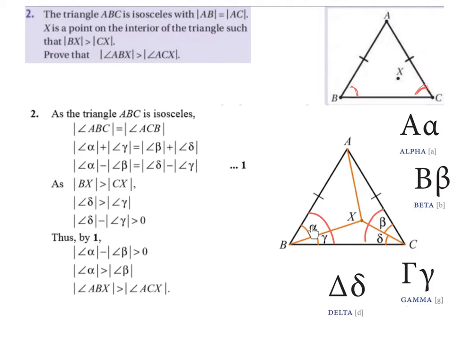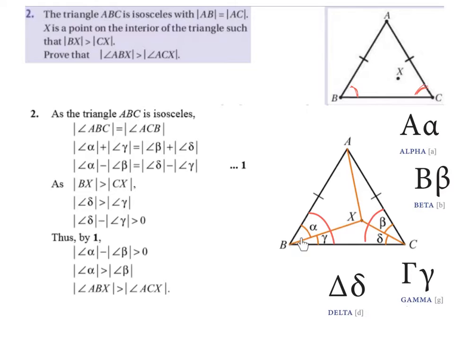Since the side BX is greater than the side XC of this little triangle at the bottom, angle delta must be greater than angle gamma. Because the larger the angle, the larger the opposite side, and the smaller the angle, the smaller the opposite side. The side BX is opposite to the angle delta, and the side XC is opposite to the angle gamma.